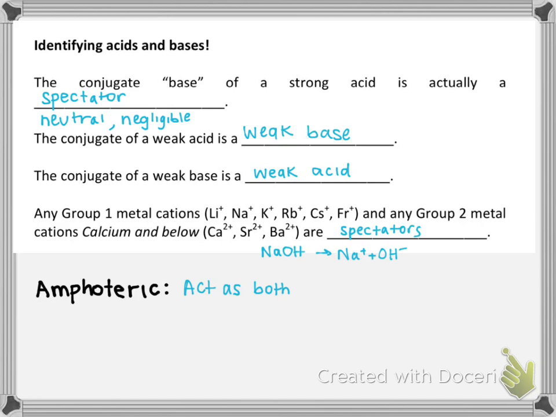And some examples of this are water, or something like HCO3 minus, because we have here a proton that it could donate, but it has a negative charge, which suggests that it wouldn't mind acting as a base and picking up a proton from the surroundings.